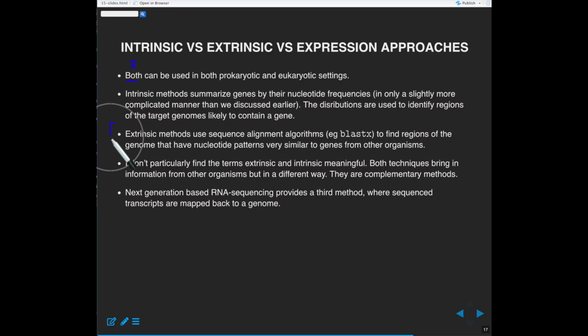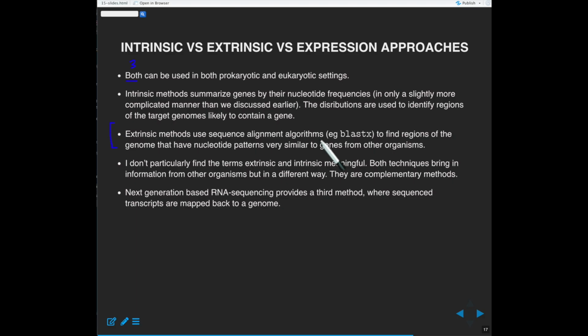Extrinsic methods, on the other hand, are things like sequence alignment that we're going to start to look at for the next 2 lectures, where you take a known gene, for example, its nucleic acid sequence, and you align it against your target genome where you want to find genes. So the idea is that, if you were to use something like a ribosomal subunit, it would be just about impossible for the target organism not to have a ribosomal subunit.